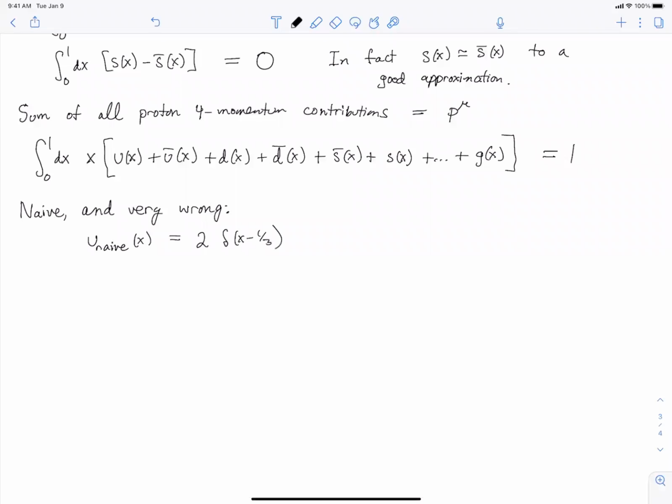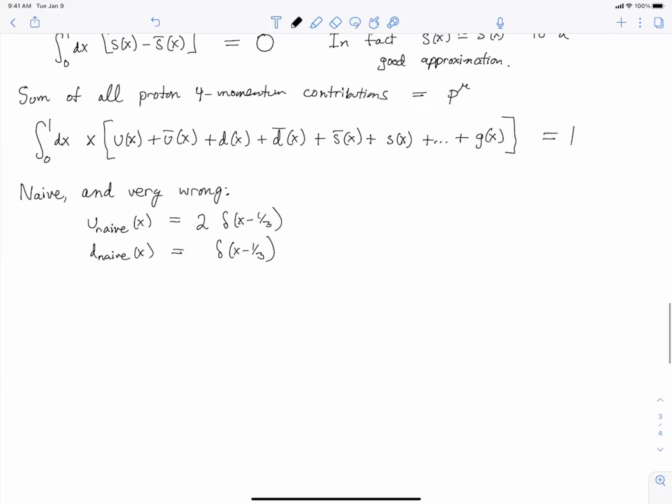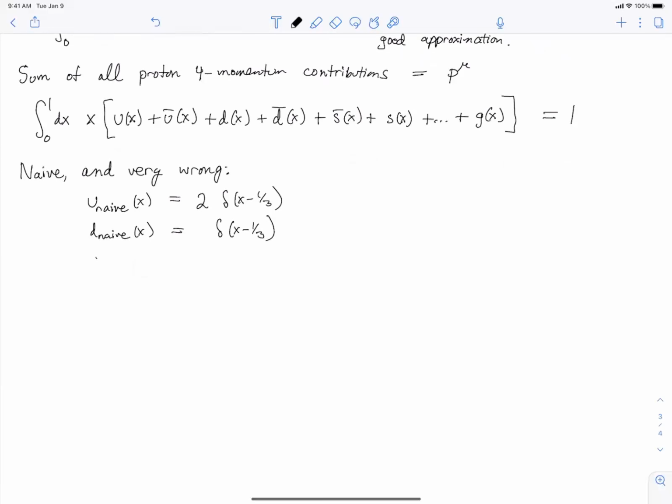That would say each up quark carries exactly 1/3 of the proton momentum, and there are 2 of them, right? And then d naive of x would be the 1 down quark carries exactly 1/3 of the 4-momentum. And naively, then everything else gets nothing.